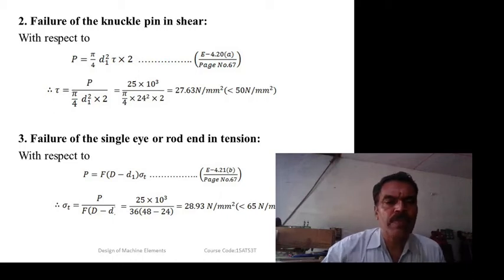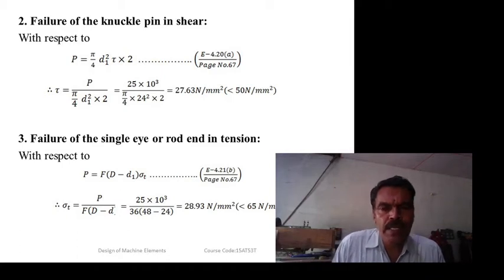Okay. So now the third point is failure of the single eye or rod end in tension. With respect to the formula, it is also available on page number 67 of DDHB.